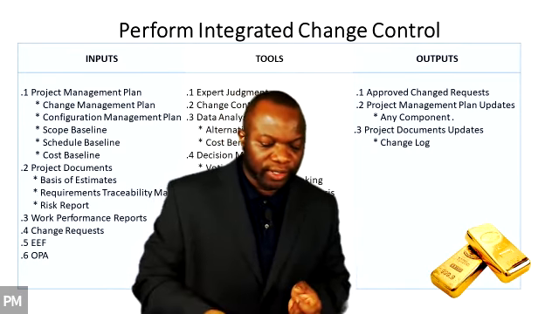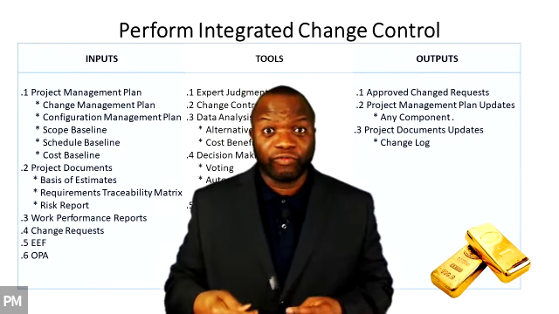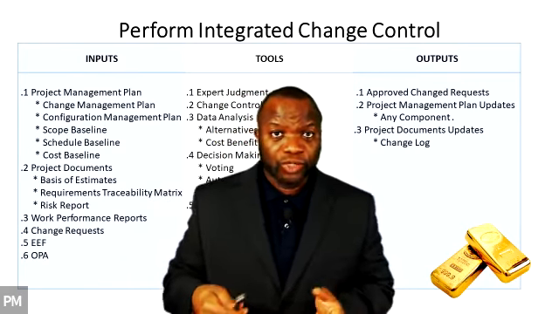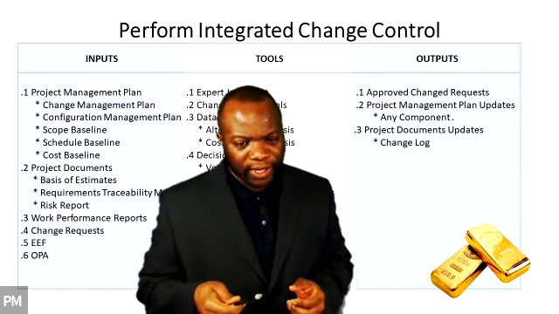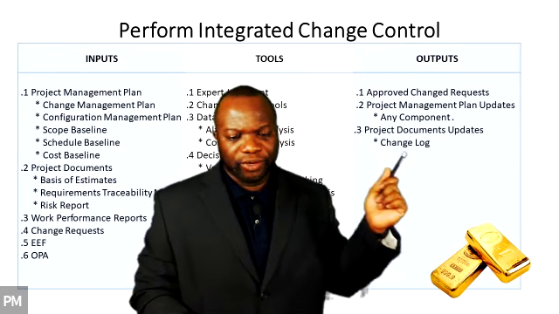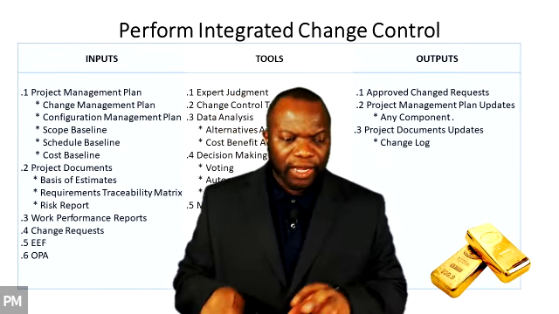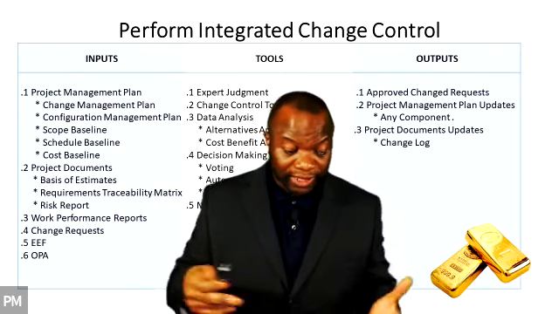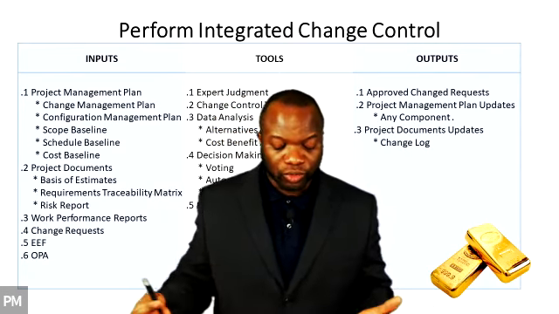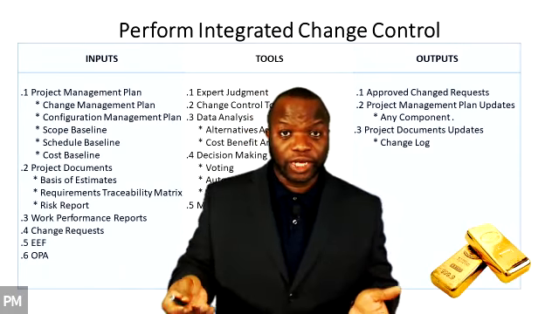In other words, this tool could serve as a kind of log. So when you see the output here that we have as change log, bear in mind that in many an instance your change log actually exists as part of this system, this change control tool that we're talking about. And remember my example of change point.